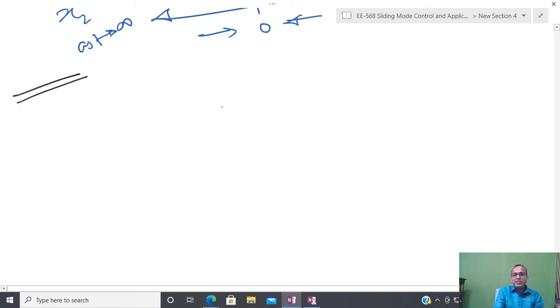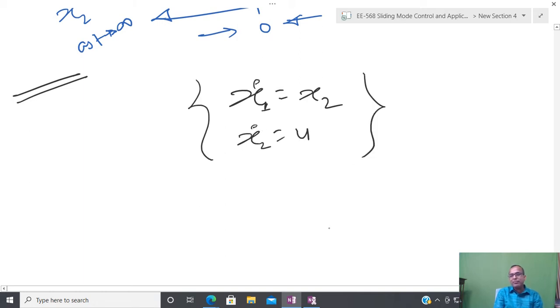So now I am going to state the problem. Again I am going to take the same system. In this whole lecture I am just going to talk about a second order system, and after that I will generalize. If you are able to understand the problem from this particular system, you are able to generalize it.